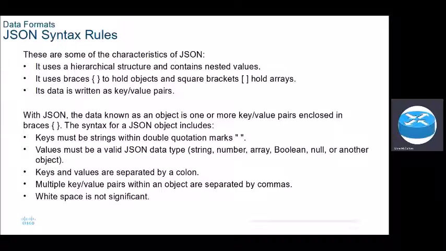The syntax for a JSON object includes: keys must be strings within double quotation marks. Values must be a valid JSON data type, be that string, number, array, boolean, null, or another object. Keys and values are separated by a colon. Multiple key value pairs within an object are separated by commas. White space is not significant.